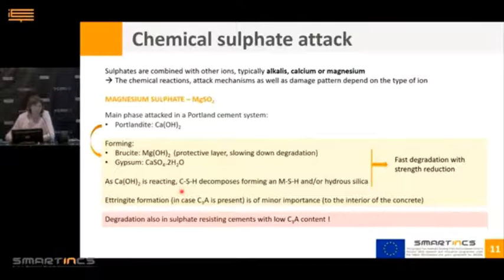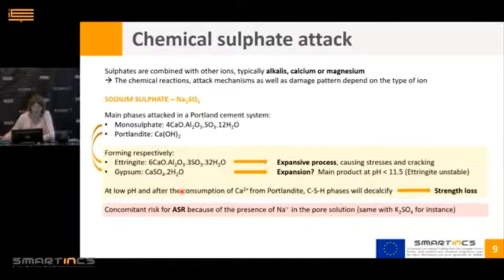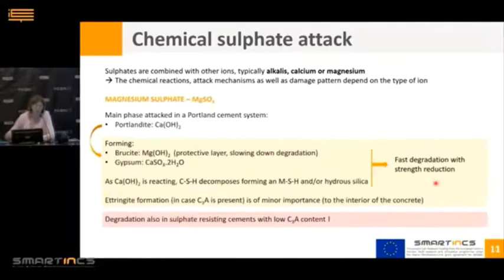It's possible that ettringite is formed, but this is done more to the interior of your specimen, where your pH is still high enough, because we have seen already in the previous slide that when the pH becomes too low, the ettringite becomes unstable, and this is of course what is happening more to the surface over here by consuming your portlandite in the reactions with magnesium sulfate.